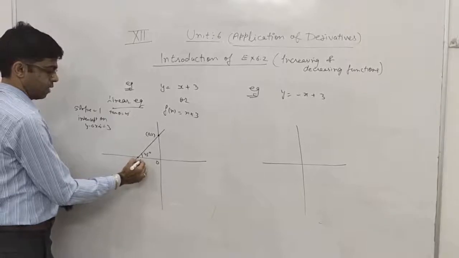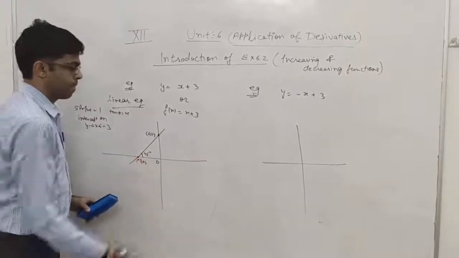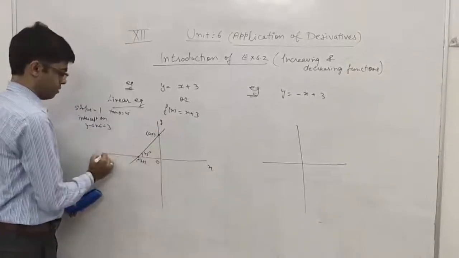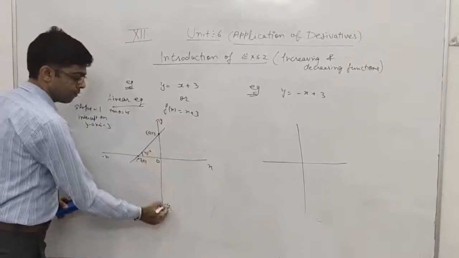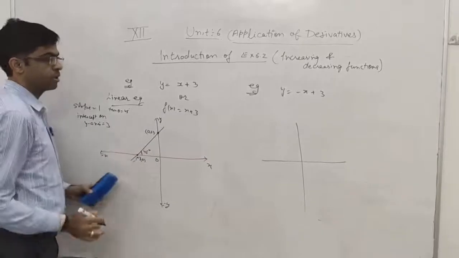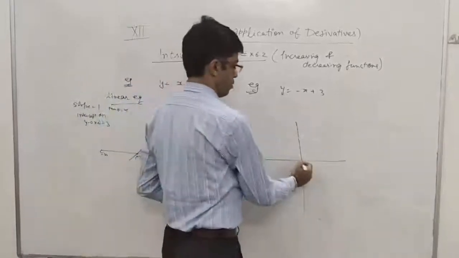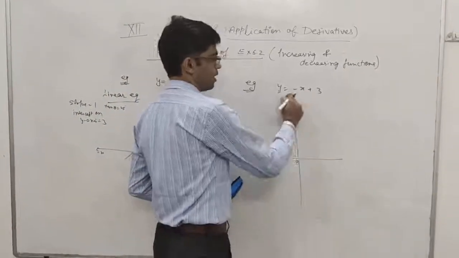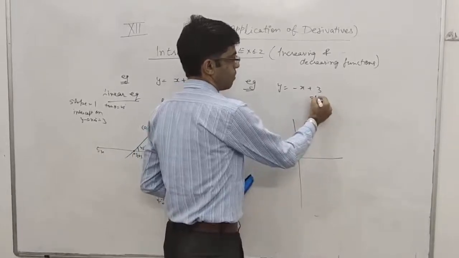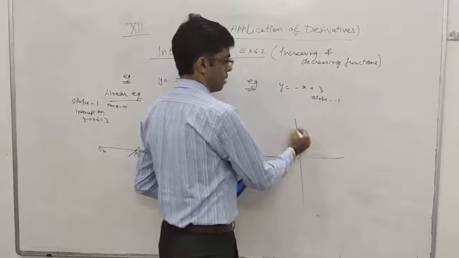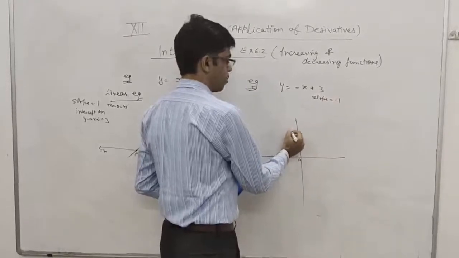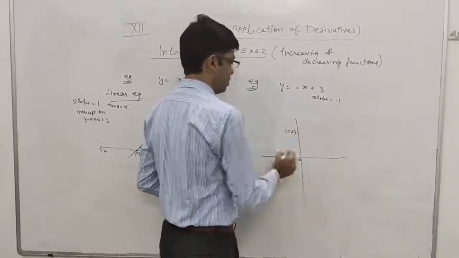This is minus 3 comma 0. This is x, y, minus x and minus y. This is the graph of this linear equation. Similarly, for drawing the graph of this linear equation, here slope is minus 1, so the angle will be obtuse, but the same concept, the intercept is the same.